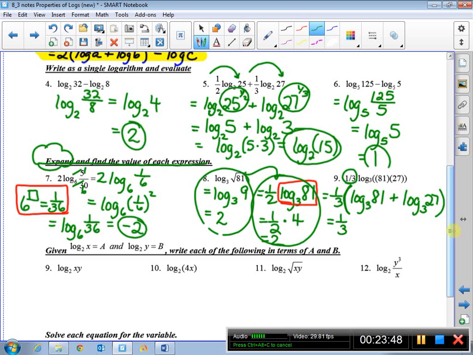So this is 1/3 times, and now we just want to evaluate log base 3 of 81. The exponent is 4, and log base 3 of 27, that exponent would be 3. So 1/3 of 4 plus 3 is 1/3 of 7. That's multiplying, and you get 7/3.